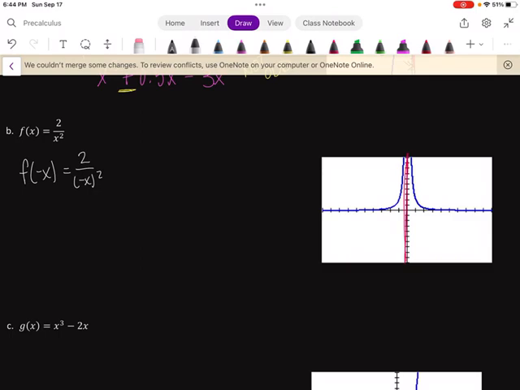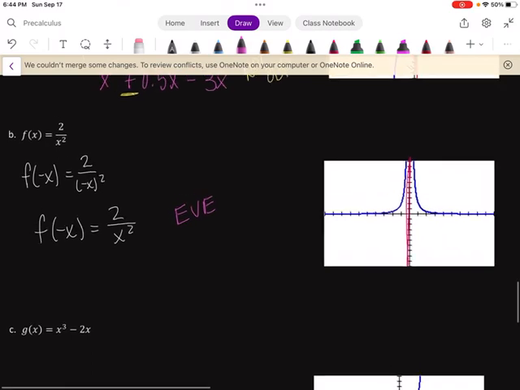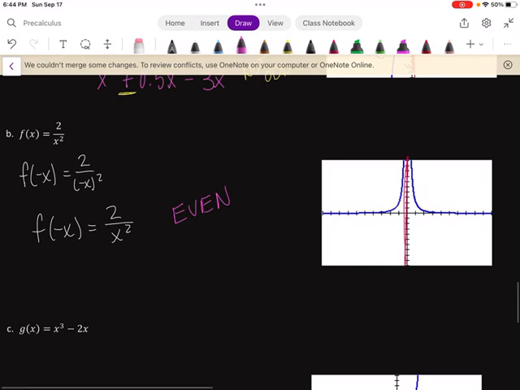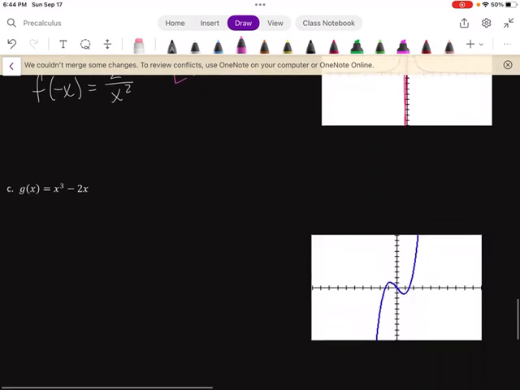Well, in fact, negative x squared is positive x squared, and it is the same. So, in fact, it is even. If I did multiply that by a negative 1, no, it would not be the same as the original, obviously. So it can't be odd.